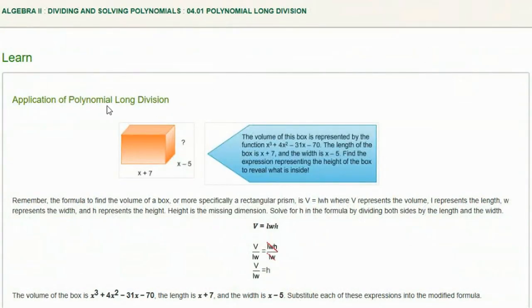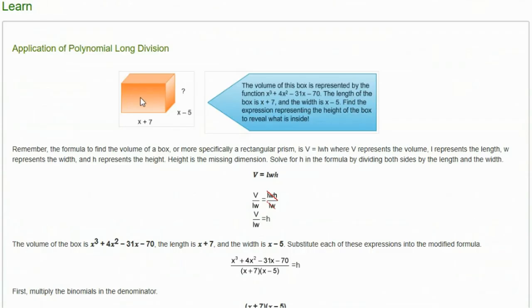Application. All right, this is a good thing. When would this be useful to be able to divide in there? When would that help? All right, let's talk about this box. We know the volume of this box is x to the third plus 4x squared minus 31x minus 70. That's what they gave us. That's the total volume. And we know volume is length times width times height when you're talking about a rectangle, a cube, a box.